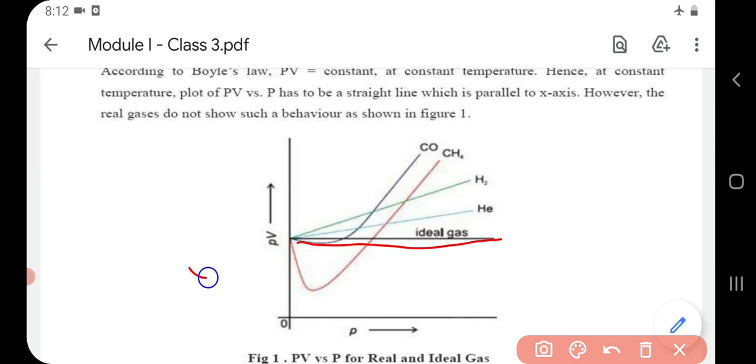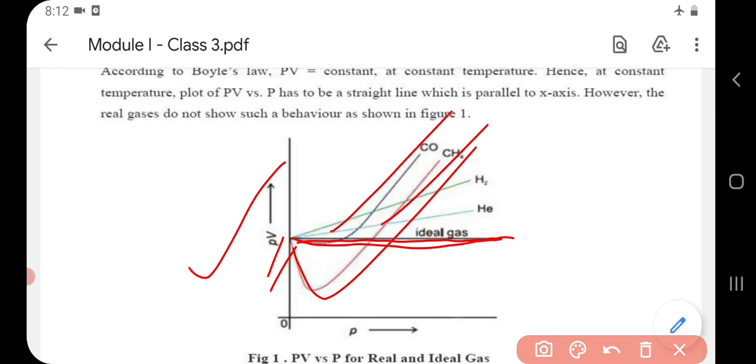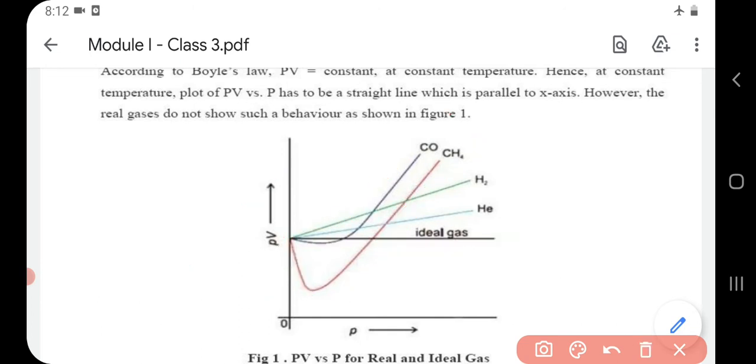This figure is already shown in some slides given above, right? So this ideal gas makes an intercept of 1 on the PV axis, whereas all the other gases deviate from this straight line. That is, real gases deviate from ideal gas behavior at high temperature and low pressure.